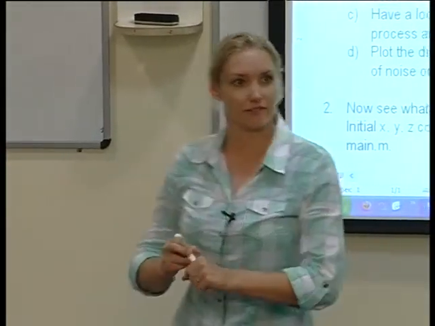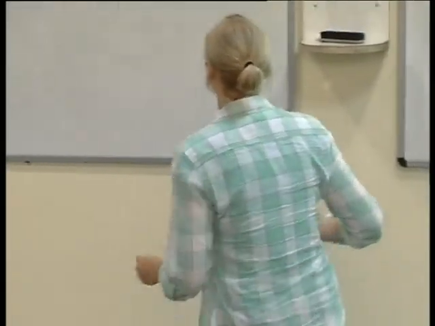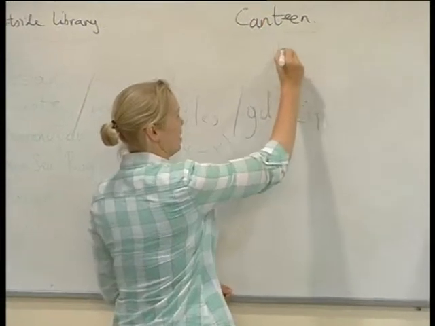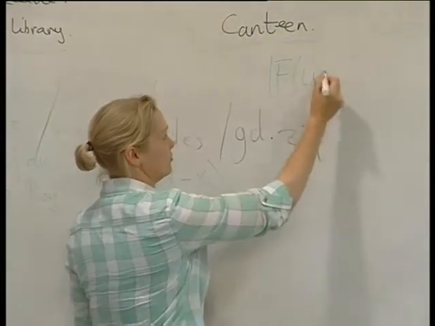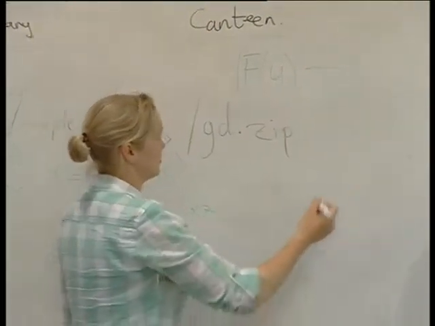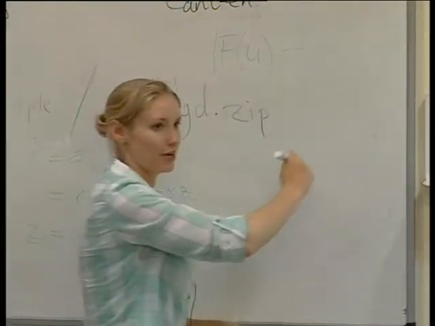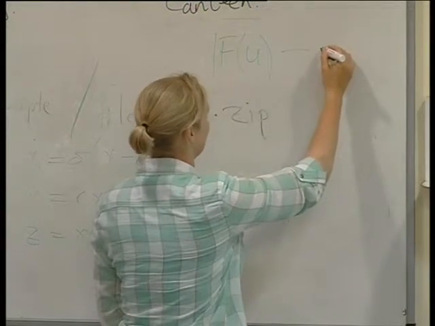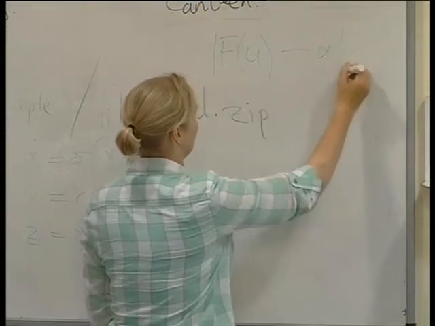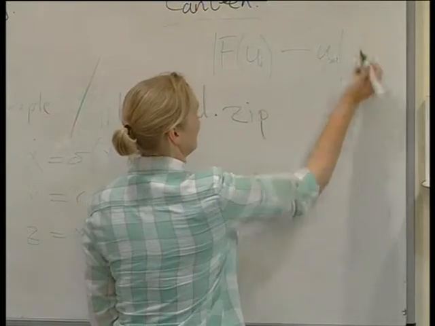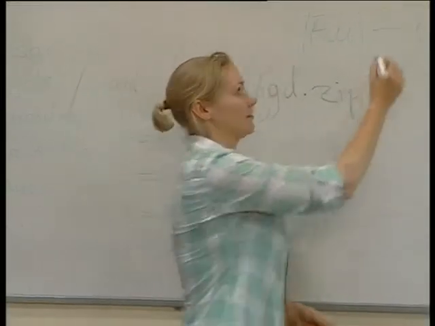I can't remember exactly the function, but you're trying to minimize something which looks like f of u_i minus u_{i+1}, squared.